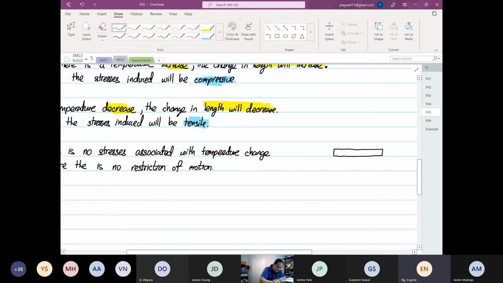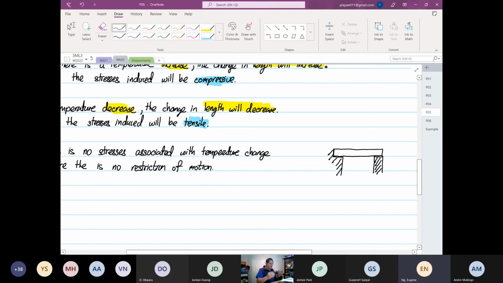One end will restrict motion. This is one end of the bridge. Means the bridge cannot go towards the left anymore. On the right hand side, this is the support that you will see physically.